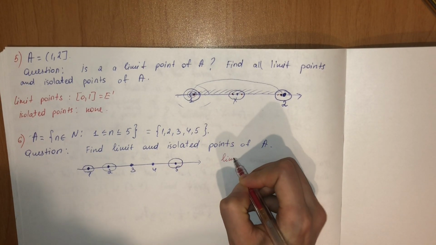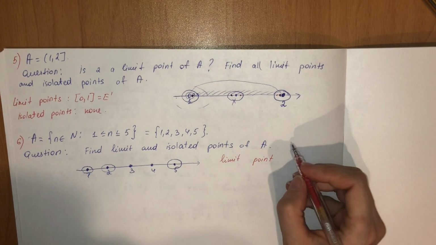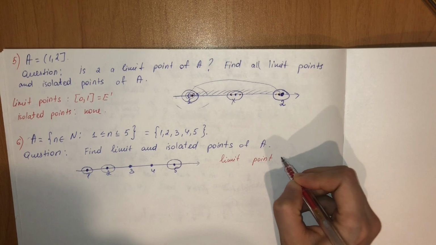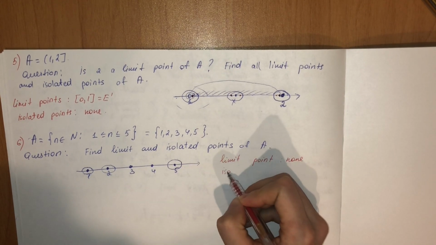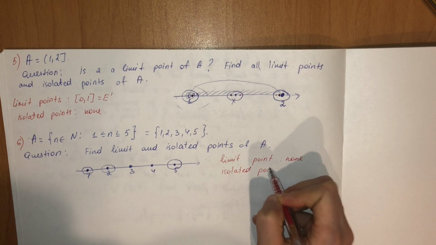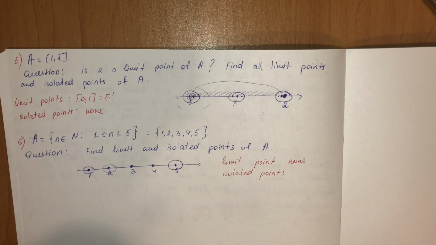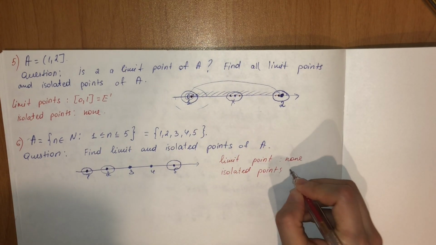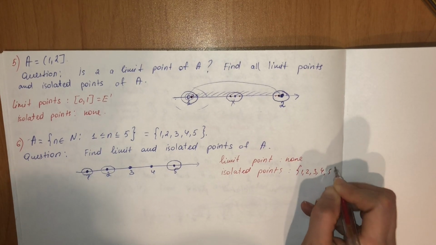So the limit points: none. Okay, and the isolated points: all these points are isolated points, 1, 2, 3, 4, and 5.